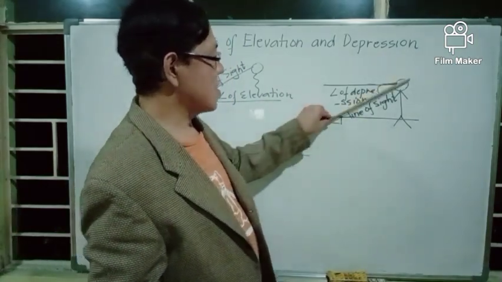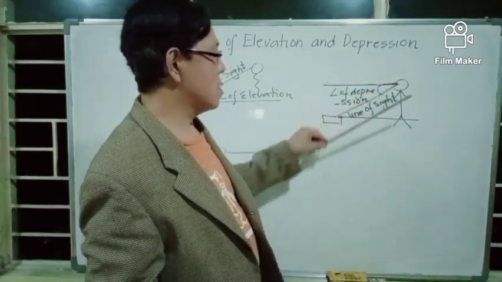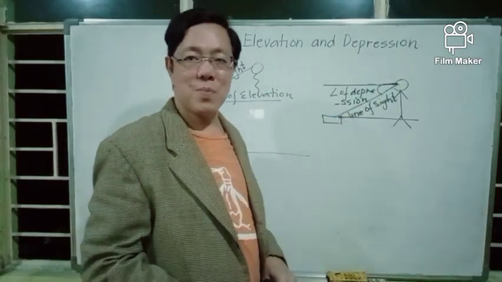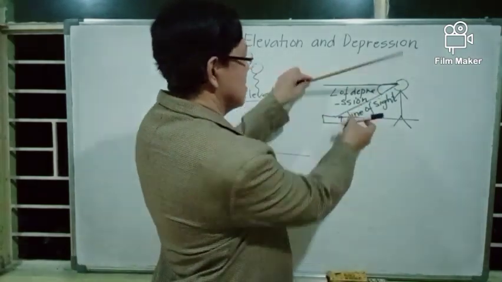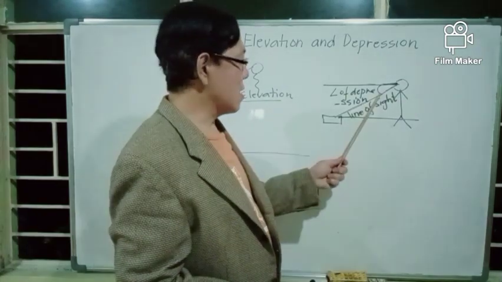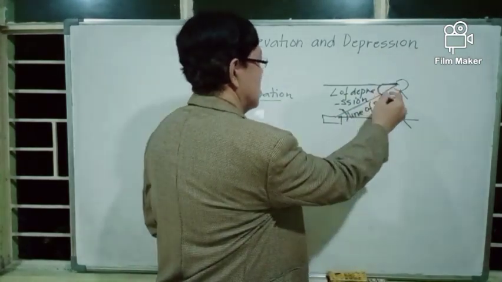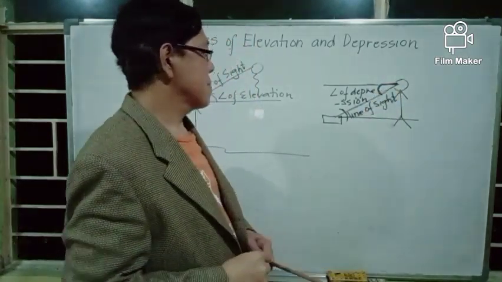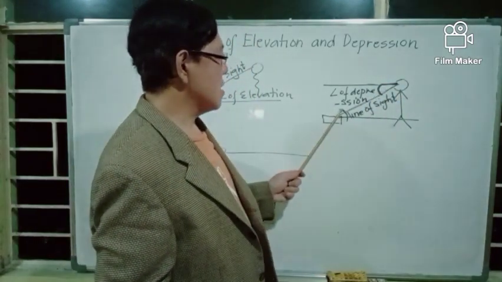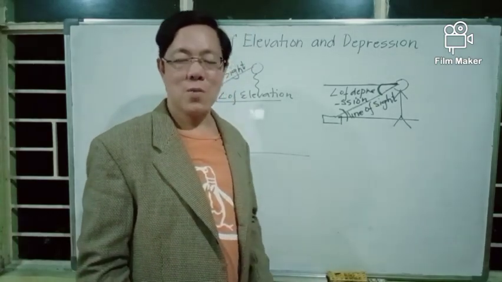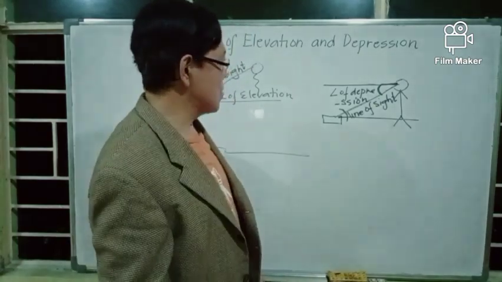And this line of sight of the observer, from the observer to the object, is a transversal of these parallel lines. Hence, this angle and this angle are congruent angles, which means that they have the same measure.